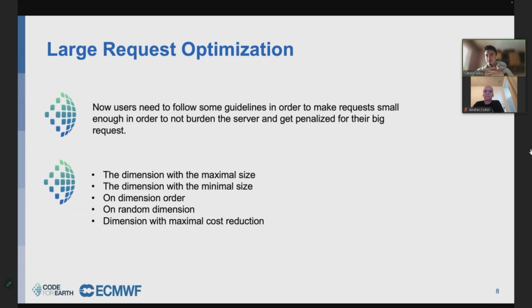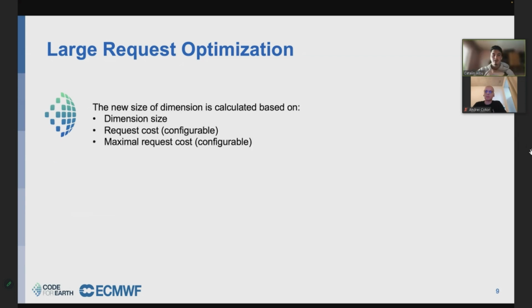And we do that by choosing a dimension after which the splitting is done. And we came up with 5 approaches to choose that dimension: splitting by the dimension with maximal size, splitting by the dimension with minimal size, splitting on a dimension order, splitting on a random dimension, and splitting on the dimension with maximal cost reduction.